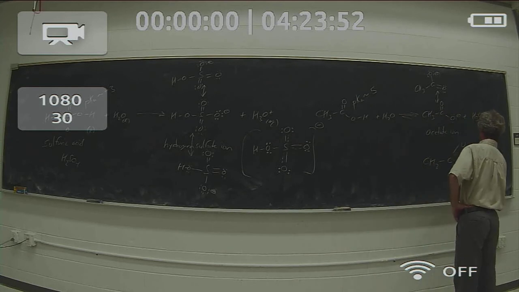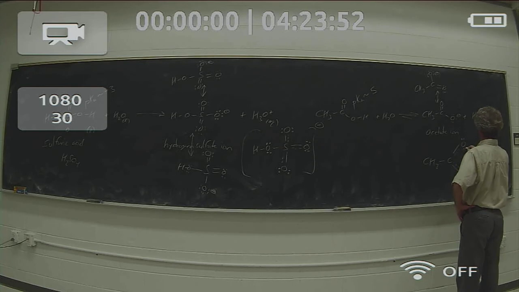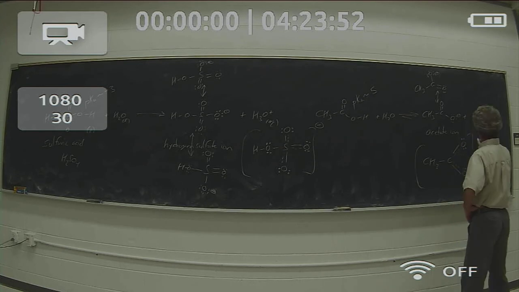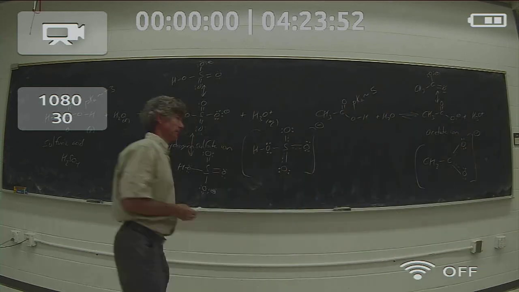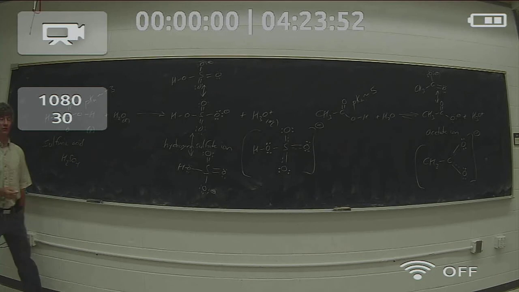With fewer oxygens to spread the charge out means that the anion is less stable. In general, the more resonance structures, the better. You're going to increase your acidity by increasing the number of resonance structures.